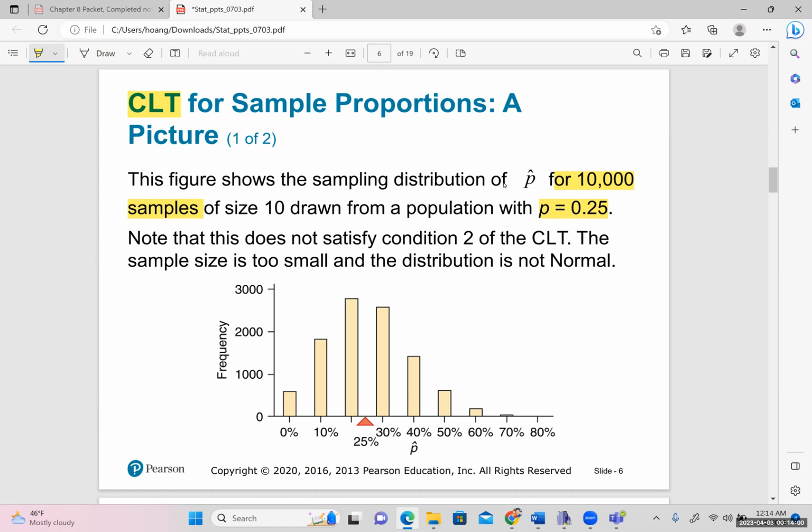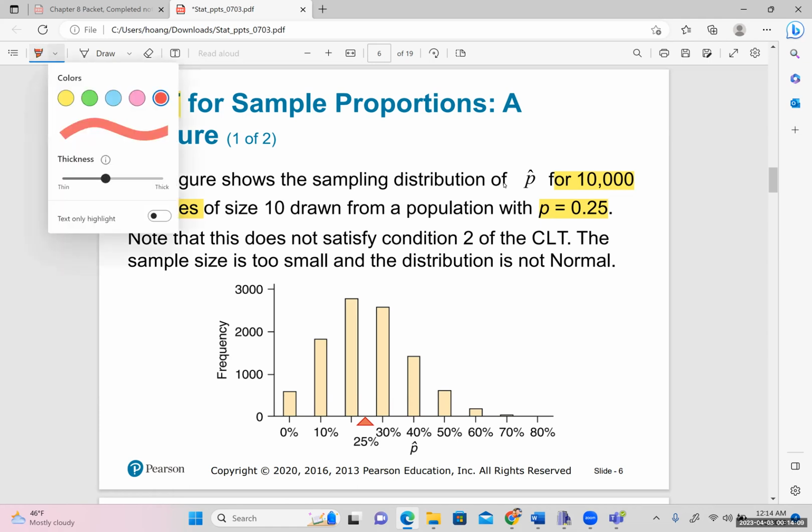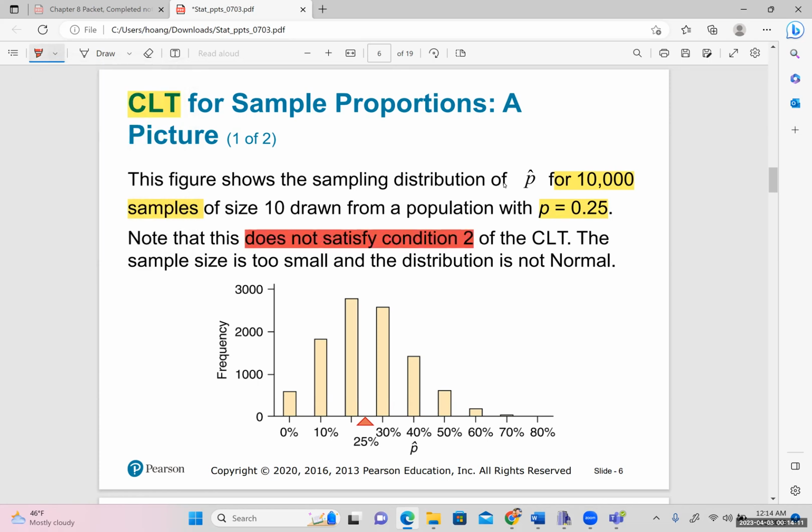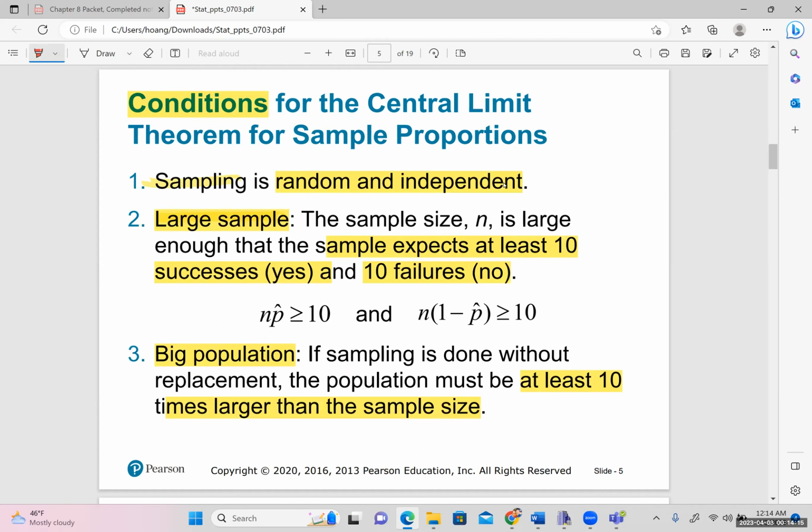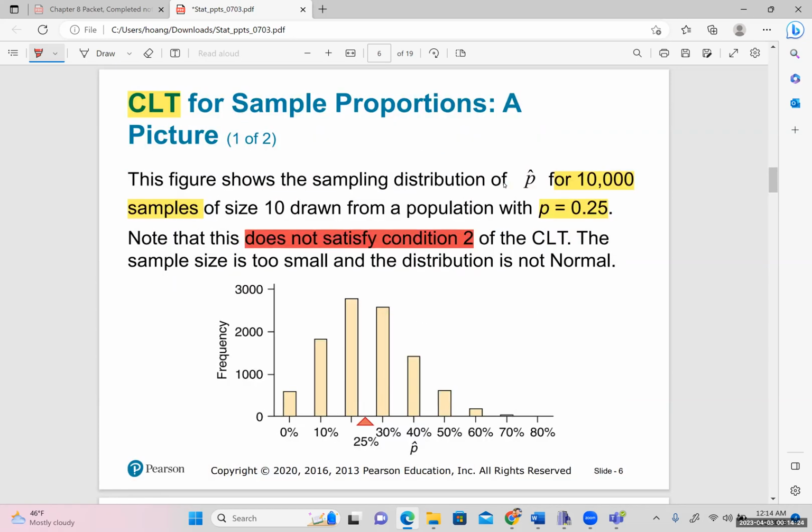Note that these do not satisfy condition 2 of the CLT, which is we need a large sample with at least 10 yes and 10 no. In here the size was just 10, so it doesn't have enough.